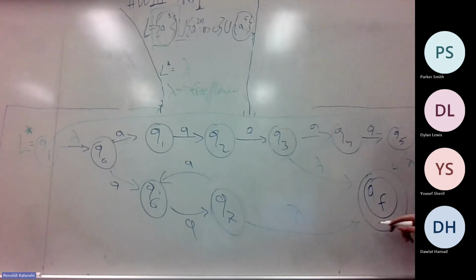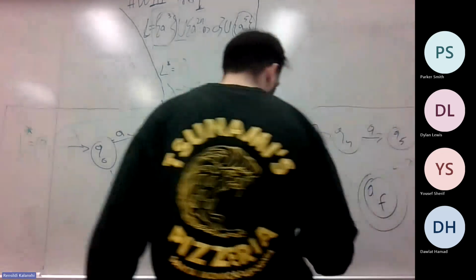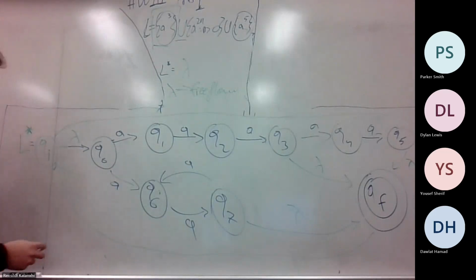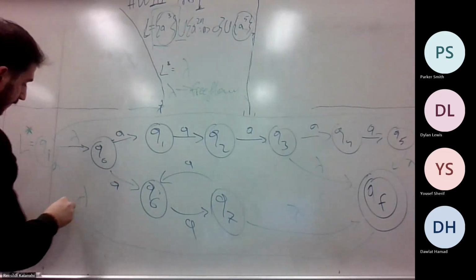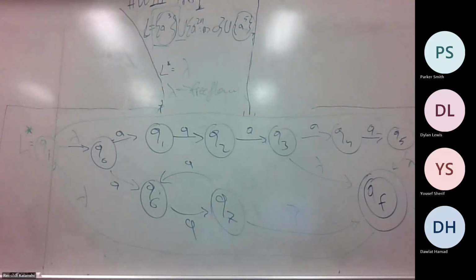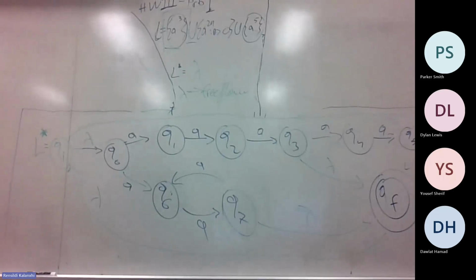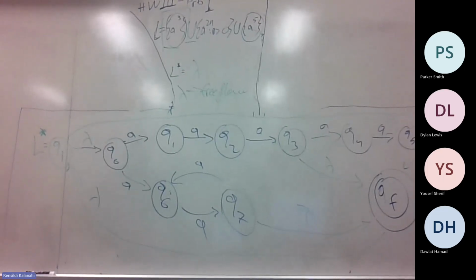Oh yeah, final state with Qi. Why that? I have to think a bit about it. Why are we pointing final state lambda at Qi?